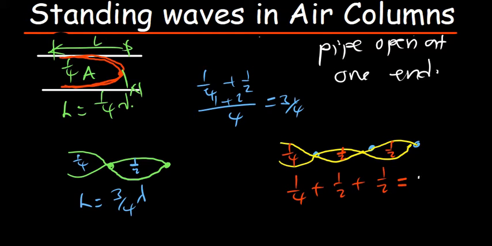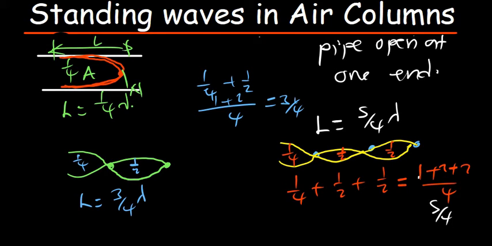So the common denominator is 4. I'm going to have 1 plus 2 into 2 is going to be 2, again plus 2. So I'll end up having 5/4. So now I'll say L is equal to 5/4 lambda.